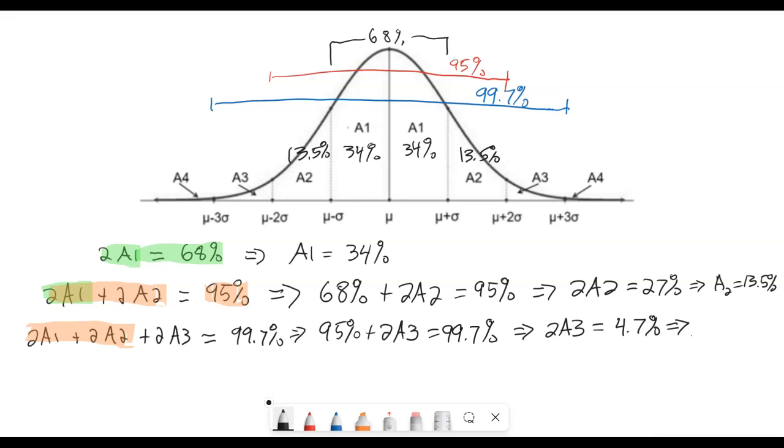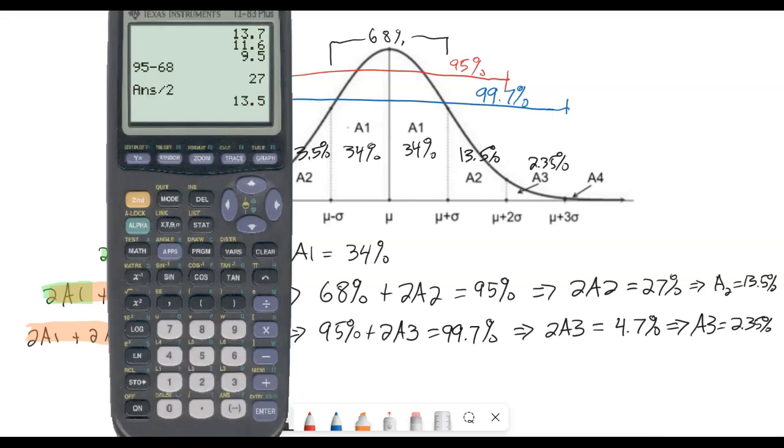And then dividing by 2, we get A3 is 2.35%. So this is 2.35%, and this is 2.35%. And let's double check that. So we have 99.7 minus 95, divided by 2, 2.35%.